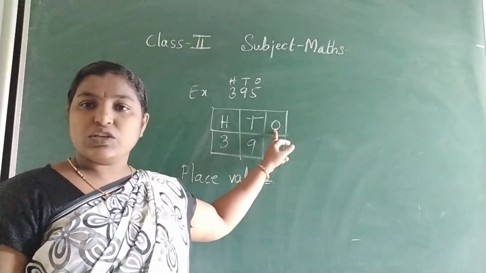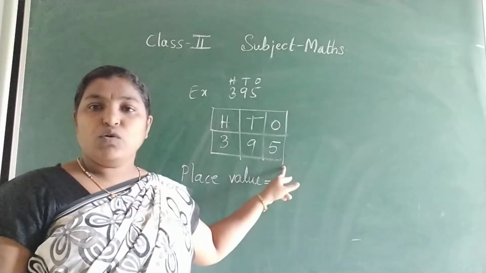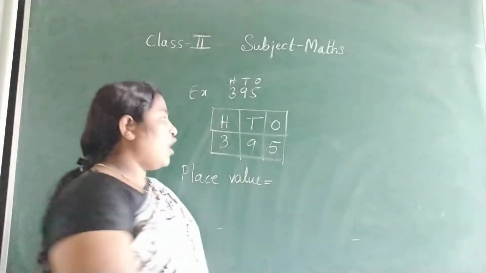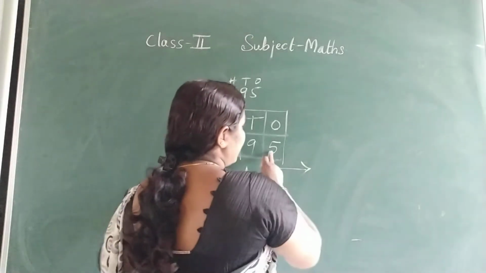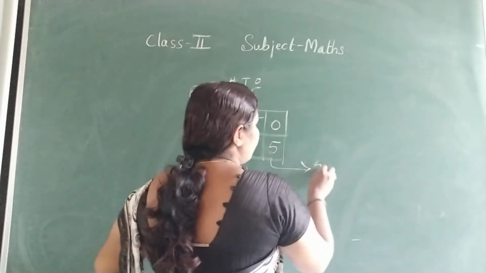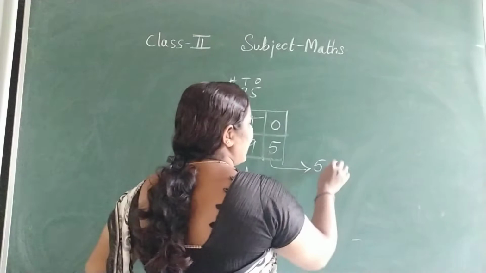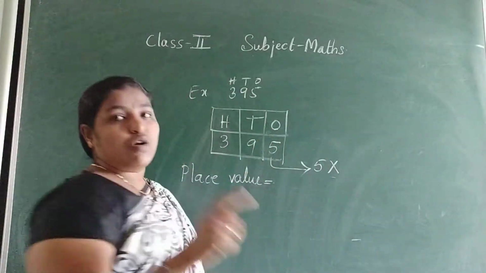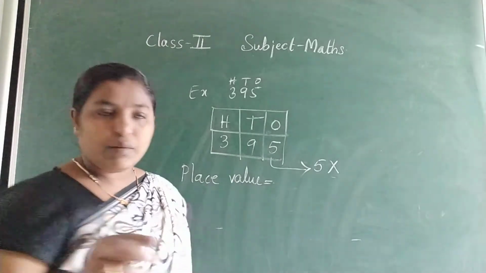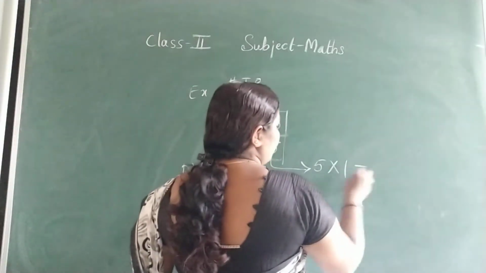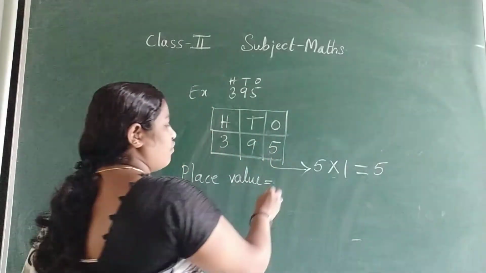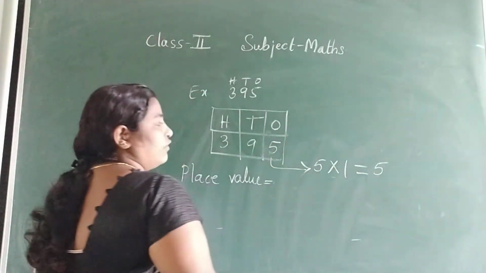Ones is the place of 5, so 5 is multiplied with its place. Ones is nothing but 1. So 5 times 1 is 5. The place value of 5 is 5.